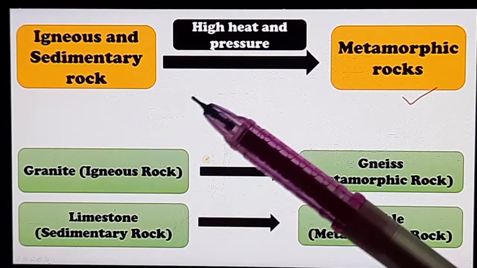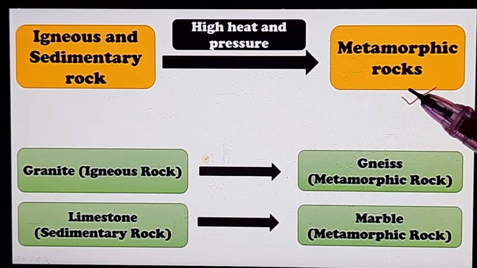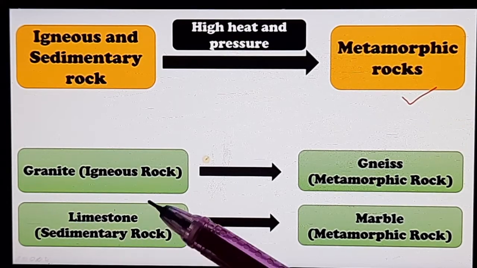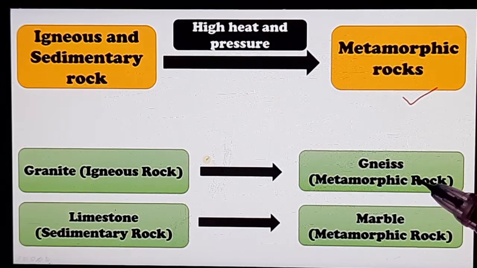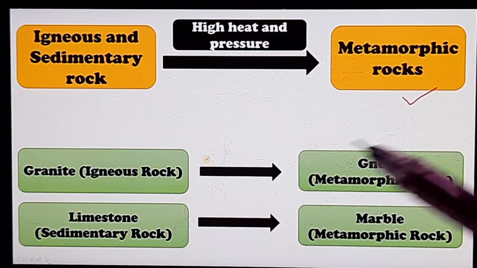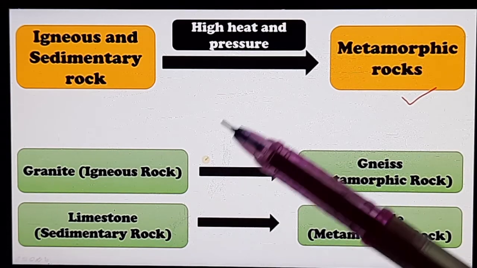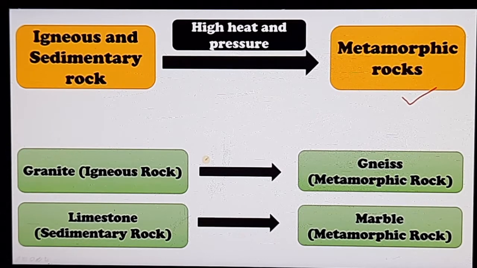Due to high heat and pressure, what does it become? It becomes metamorphic rock. Granite is an igneous rock; due to high heat and pressure, it becomes gneiss, a metamorphic rock. Same as limestone, another sedimentary rock, due to high heat and pressure it becomes marble, and marble is a metamorphic rock.